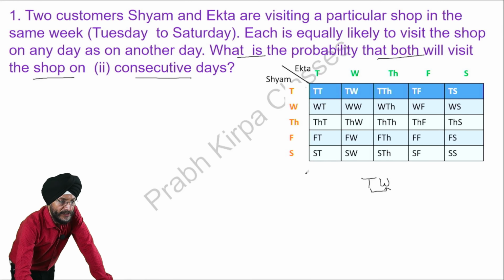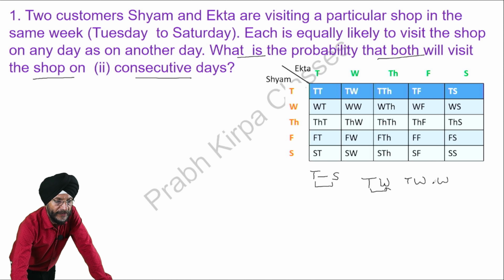In this question, the days given are Tuesday to Saturday. So in case of Tuesday, the consecutive day will be Wednesday. In case of Wednesday, it will be Tuesday, or the consecutive day may be Thursday.